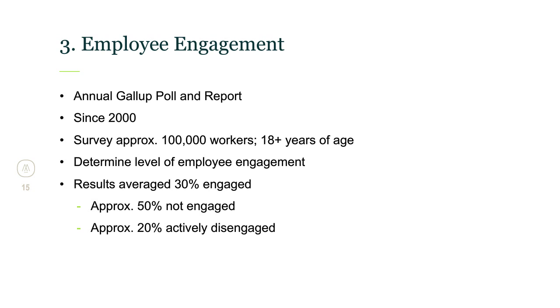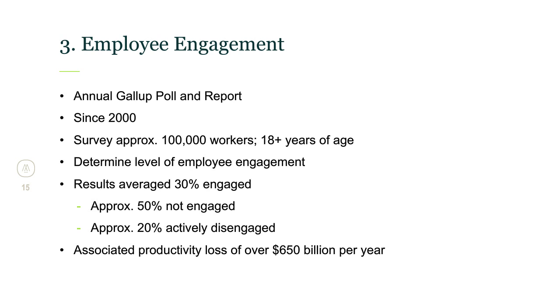And that's estimated to be about a $650 billion per year productivity loss. Whatever that number is, all we need to think is, if in reality, let's just say, a third of our workforce truly cares about what they're doing, that they're really engaged, on one hand, how awful is that, and what a wake-up call, but on the other hand, what an opportunity, because it should not be that difficult to improve that.